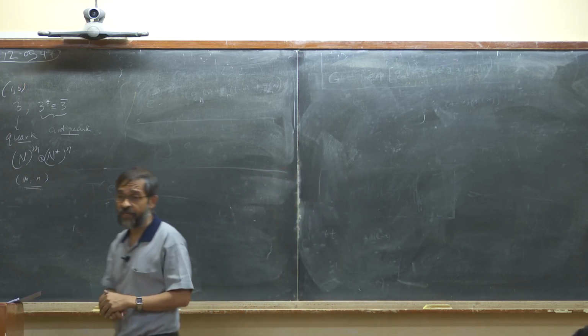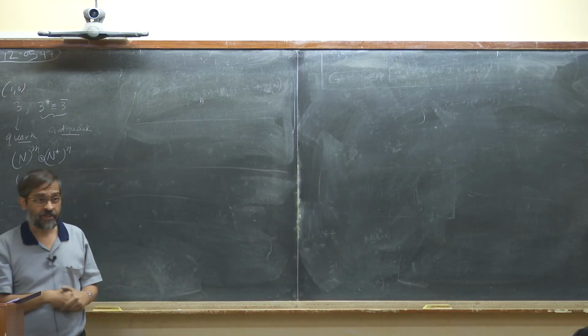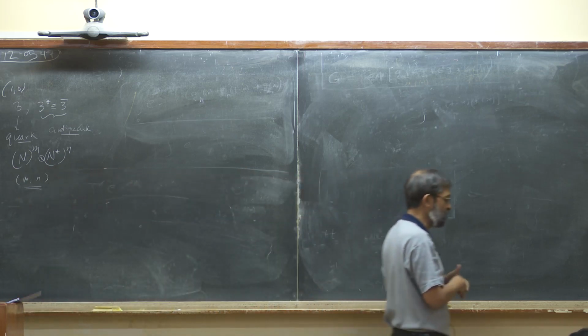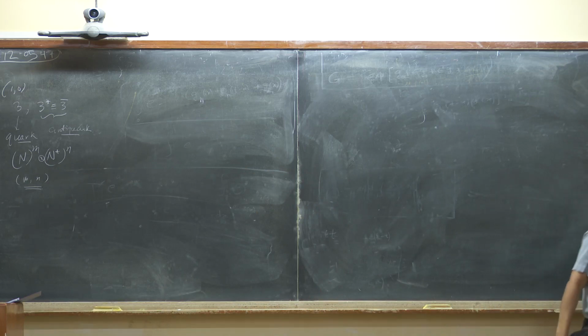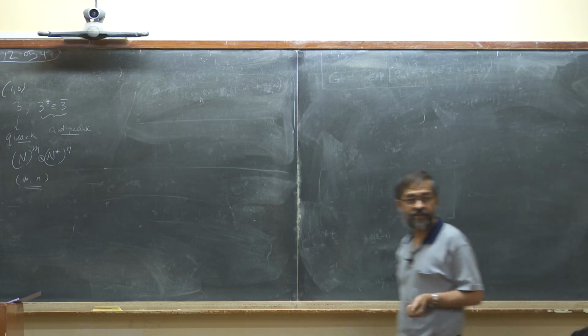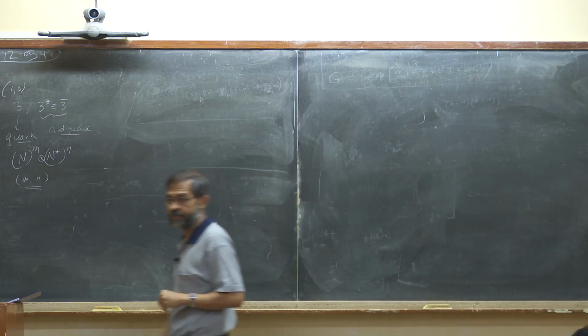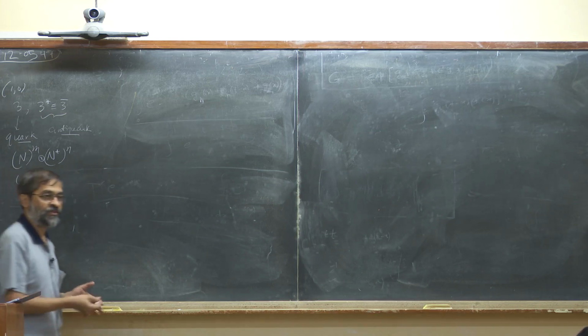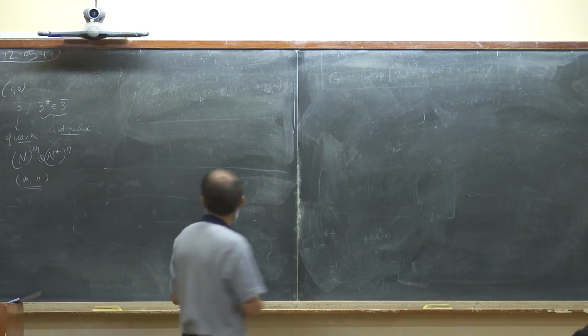So therefore 0, 1 had to be a representation, and we explicitly constructed that 0, 1 representation, which turned out to have the property that the representation matrices for 0, 1 were the complex conjugates of the matrices for 1, 0. Okay, so that is why these are called complex representations.